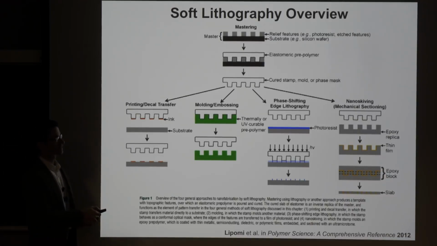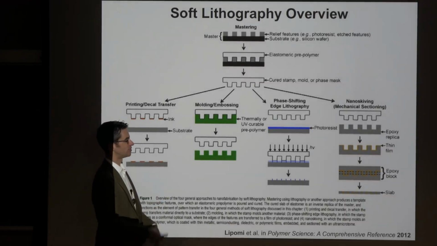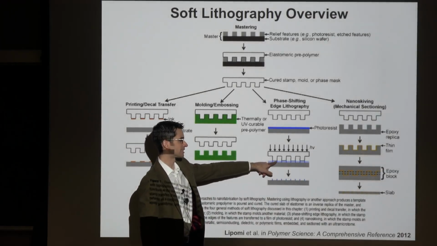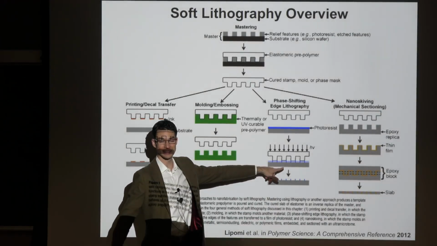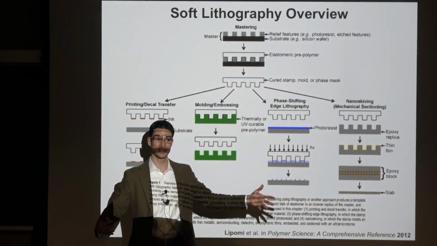You can do phase shifting edge lithography: this mask is transparent because it's silicone rubber, and you can shine light through it, and at the edges of these features you get either constructive or destructive interference that can either cure, in the case of constructive interference on a negative resist, or not cure.